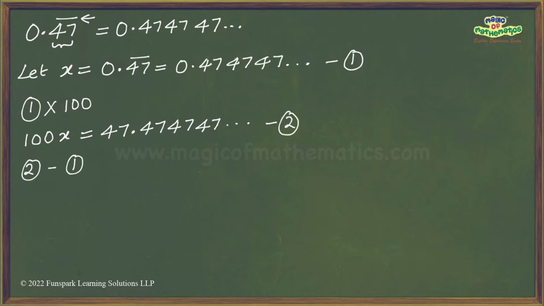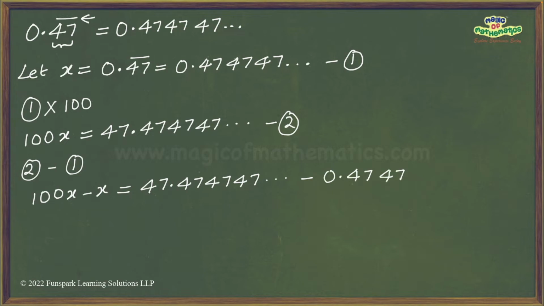This gives us 100x minus x on the left hand side, and on the right hand side we get 47.474747 and so on minus 0.474747 and so on. So we have 99x on the left hand side.